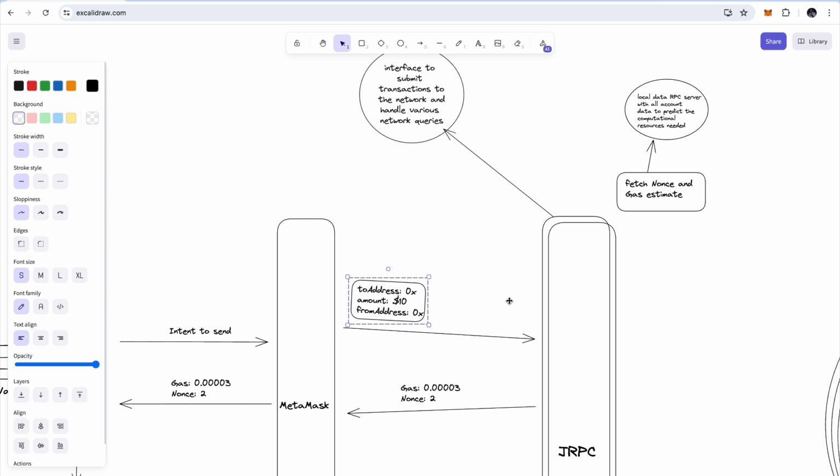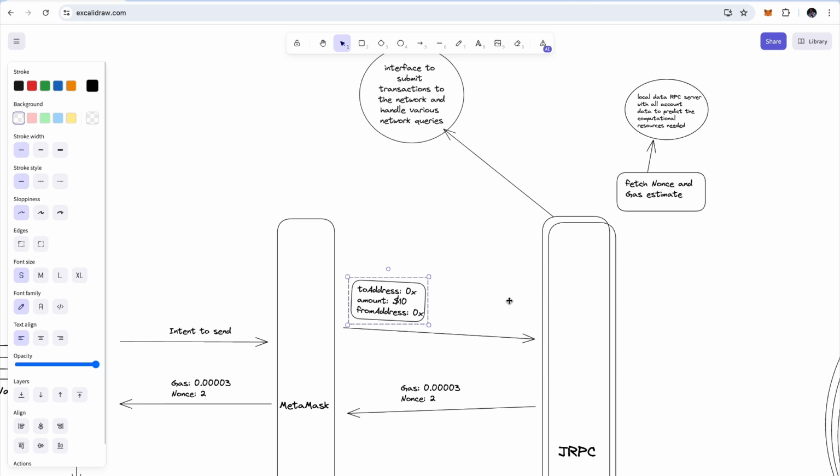And then the JSON RPC server is going to use the local data RPC server and take everything that I've provided for that transaction. It's going to use it to simulate a local transaction to predict the computational resources that the transaction is going to need. It's also going to fetch a nonce, which will be a unique identifier for that transaction.